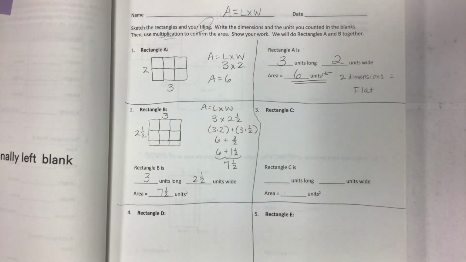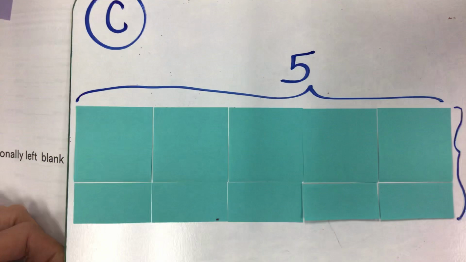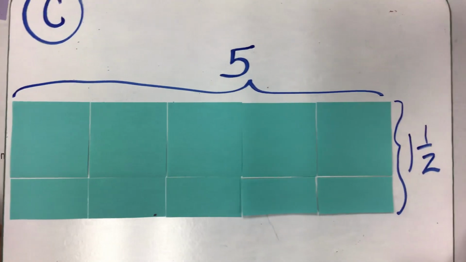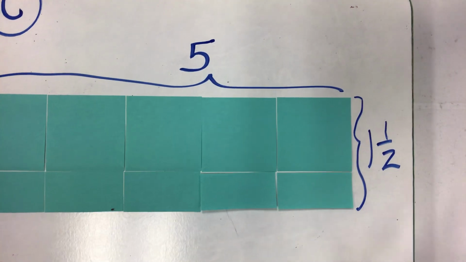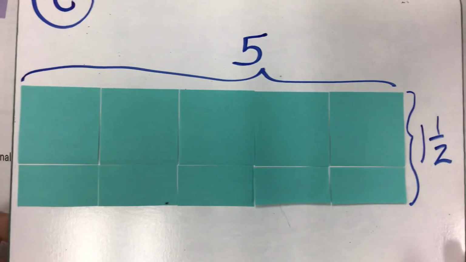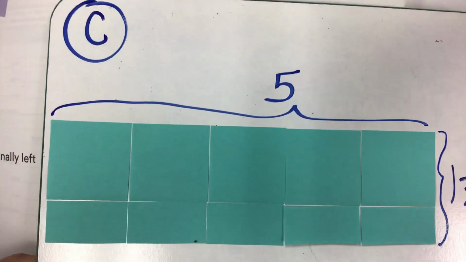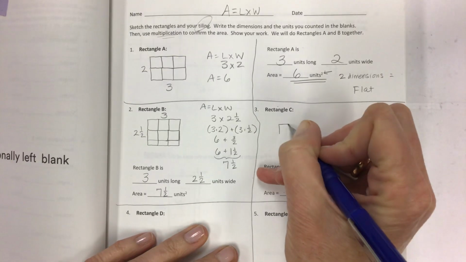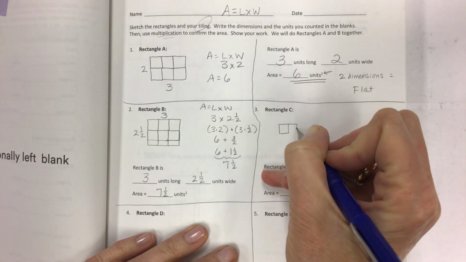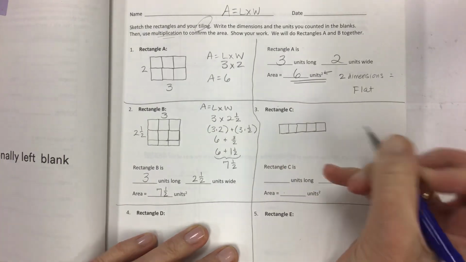So rectangle C. This one I had to change the size of the sticky notes because we needed to have 5 and I could not fit them. But notice that they are halves on the side. So it's 5 by 1.5 for C. So let's draw this. 1, 2, 3, 4, 5.